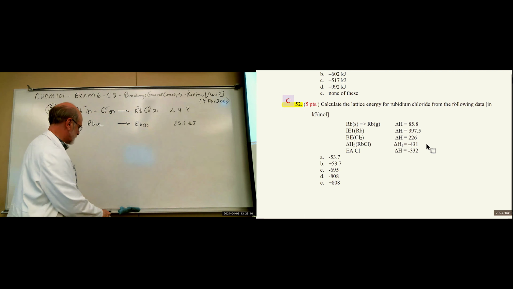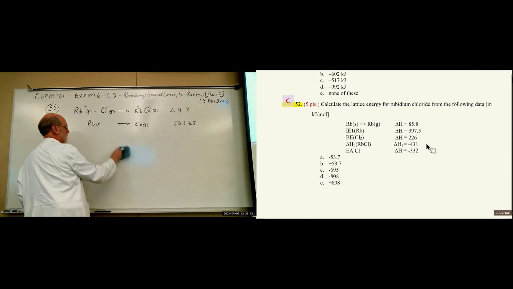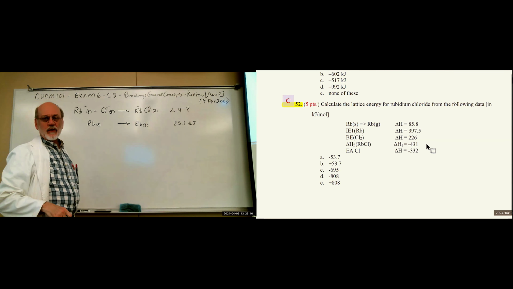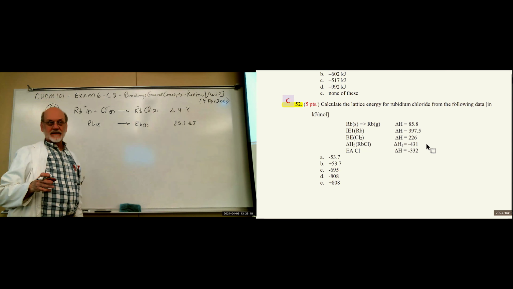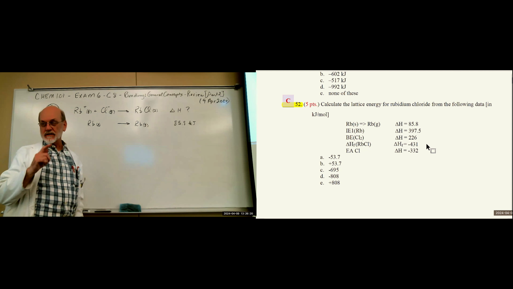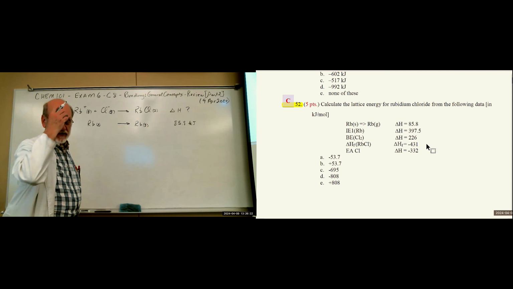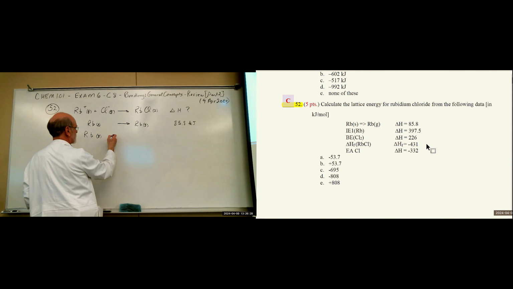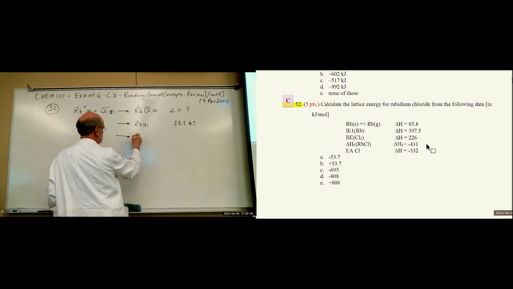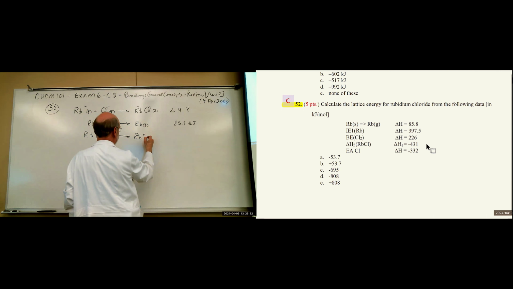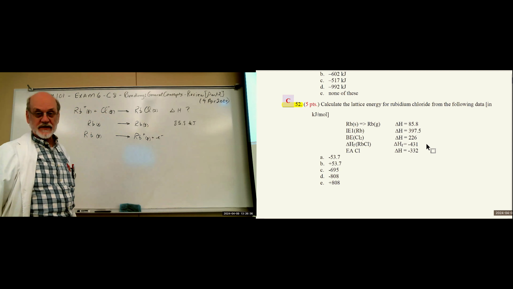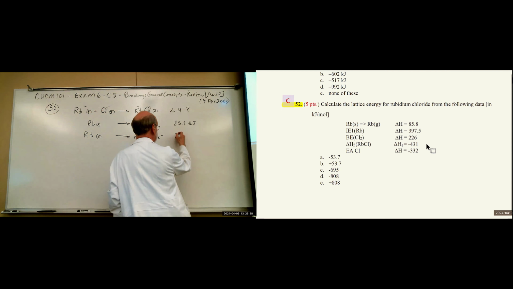Okay, we might have to do some modifications to get them to work. So I'm going to leave a little bit of space in there. IE1, ionization energy, first. So this is ionization energy: rubidium gas yields rubidium ion gas plus an electron. That's first ionization energy, 397.5.